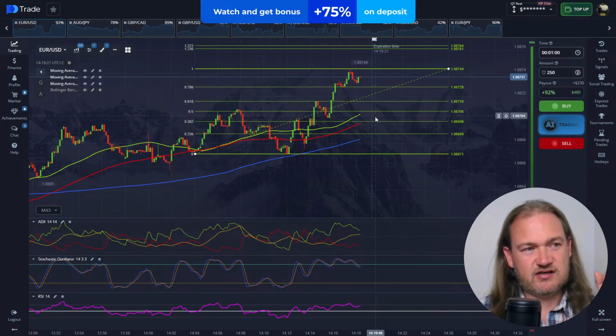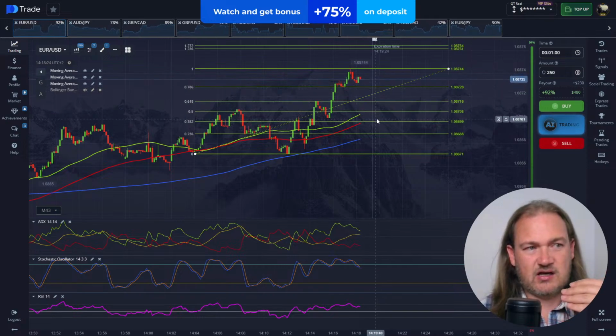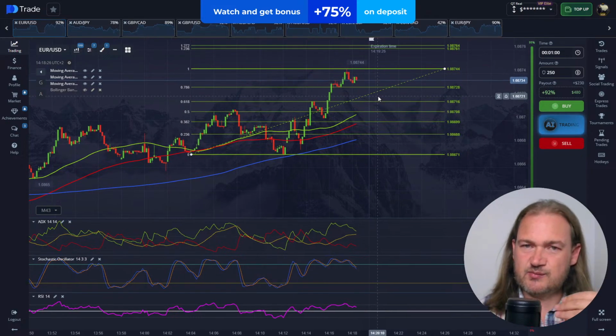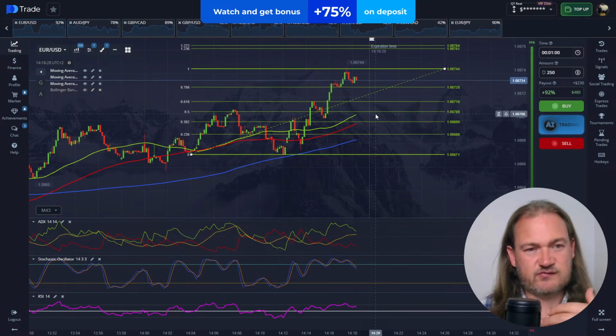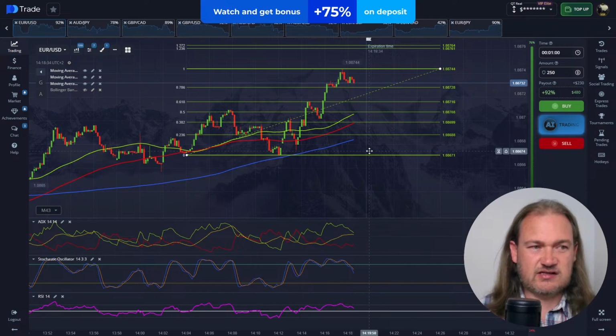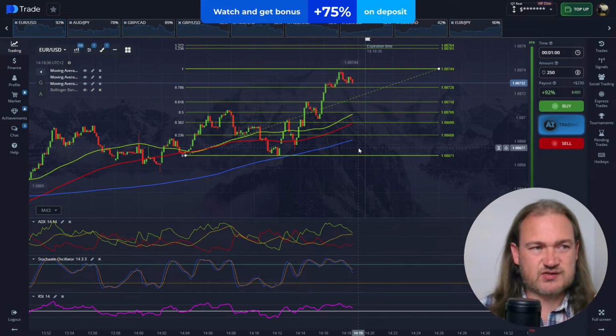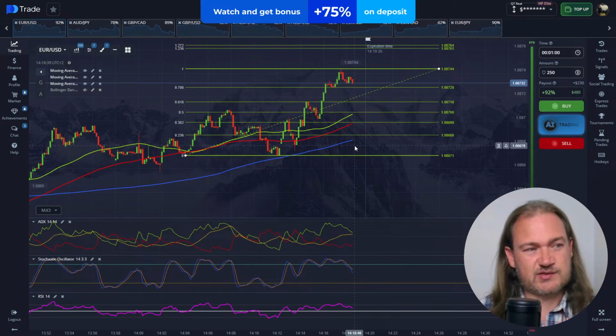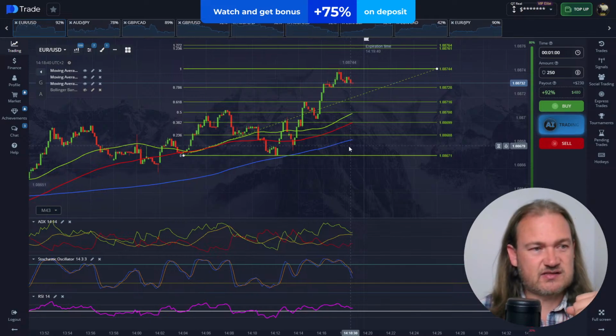But for every area here, I need to be alert, because I could get a possible entry from my trading strategy, and if it does reject off that line, and at the same time that coincides with a valid entry from my strategy, that's when you have to take the trade.